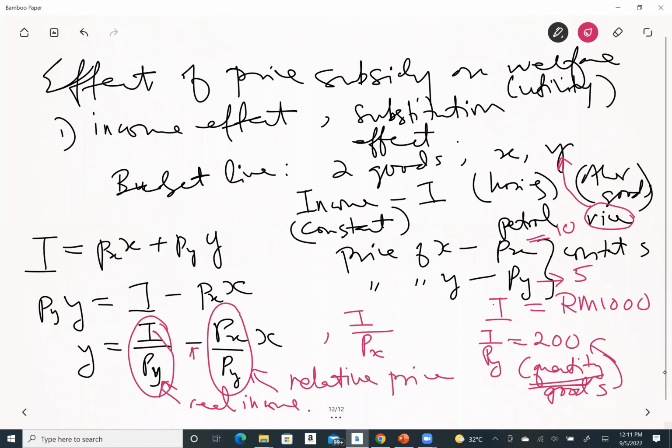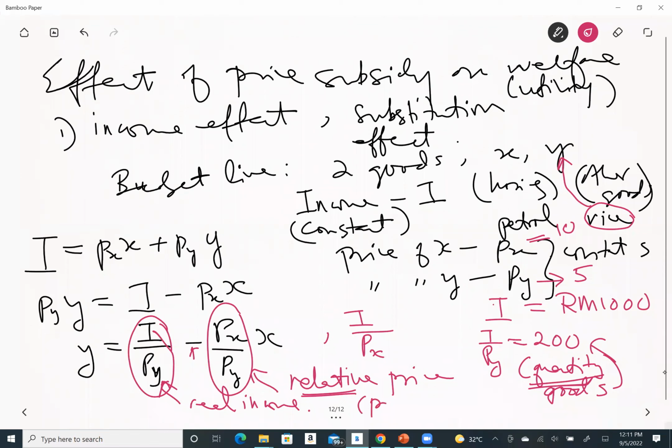And PX over PY is the relative price between the two goods. If you have PX over PY, 10 over 5, that is 2. So the relative price between X and Y is 2. If the price of Y increases, there will be some change in that price ratio.